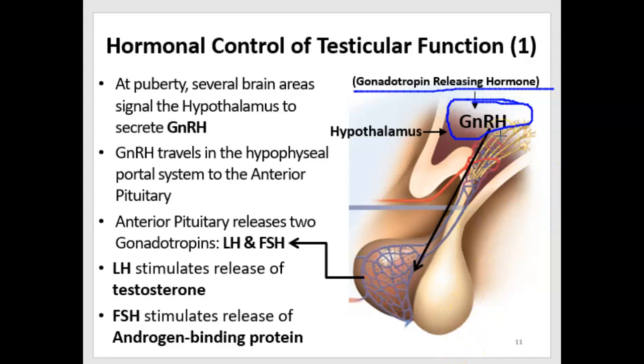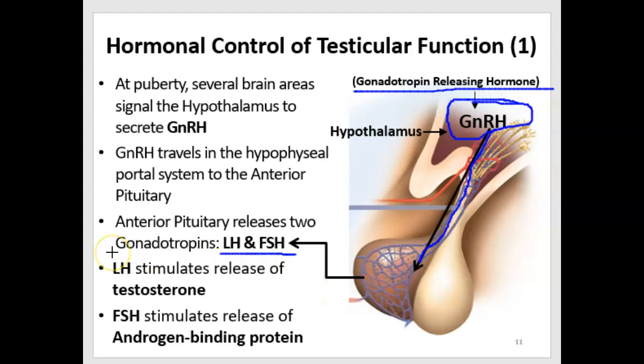This hormone, gonadotropin-releasing hormone, travels in the hypophyseal portal system to the anterior pituitary. The anterior pituitary cells respond by making 2 hormones, LH, luteinizing hormone, and FSH, follicle stimulating hormone.